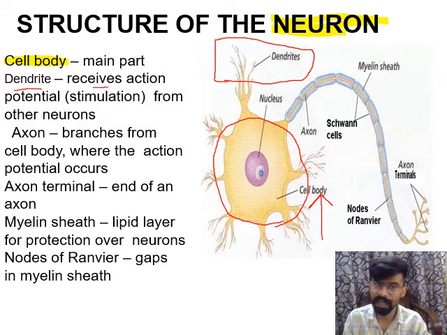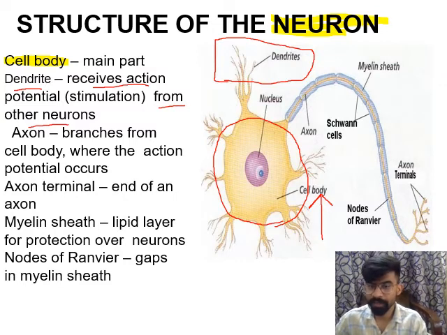Dendrites receive the action potential, or you can say dendrites receive the message from other neurons. Next, this message is transferred through the dendrite into the axon part.